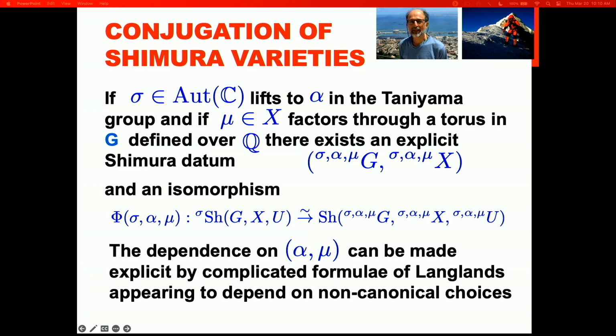And he also explained how it should depend on the auxiliary choices. So given two choices alpha and mu, and another alpha prime, mu prime, he writes down a particular isomorphism between the two possible right-hand sides that makes the obvious triangle commute.